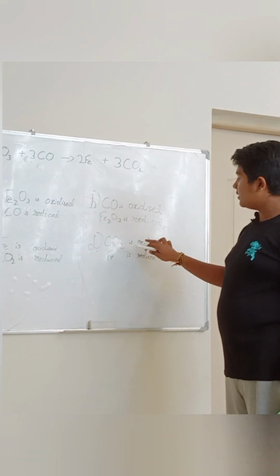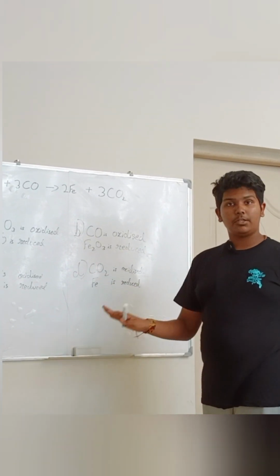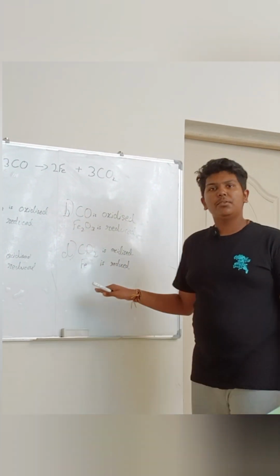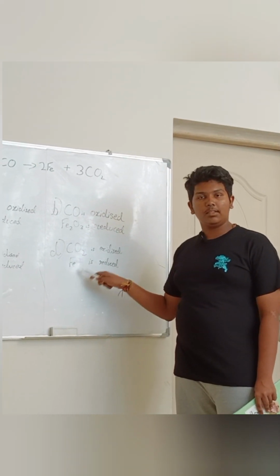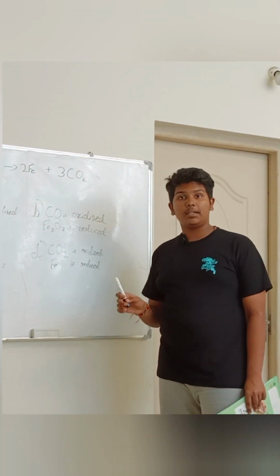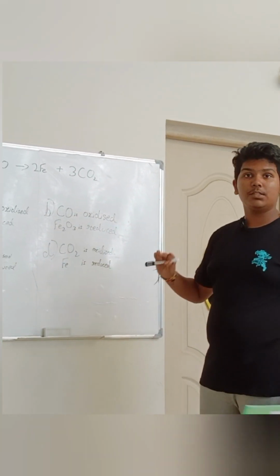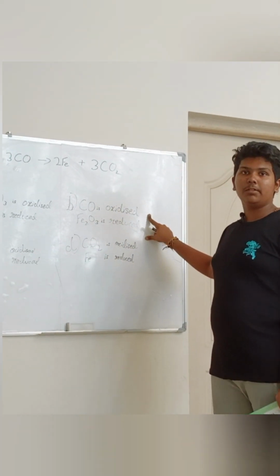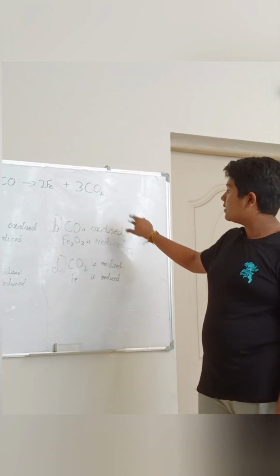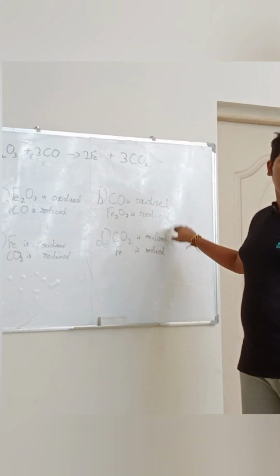We are saying that this one is receiving an extra oxygen and this is reduced. How is it reduced? There is no oxygen present in this substance, iron. So this option is not possible. This is the answer, which identifies that this substance is getting oxidized and this is getting reduced.